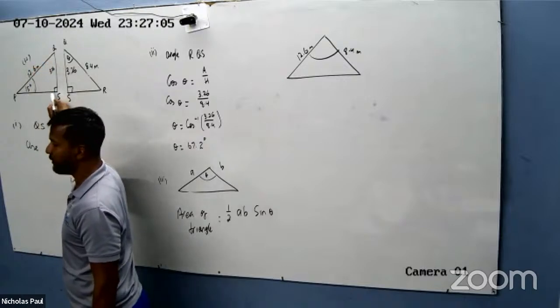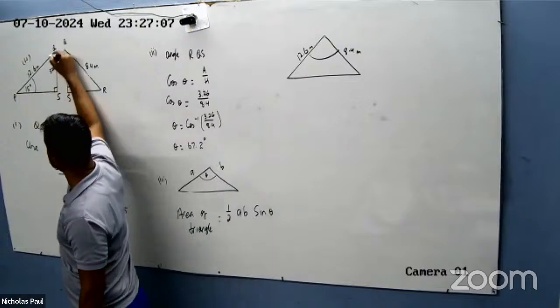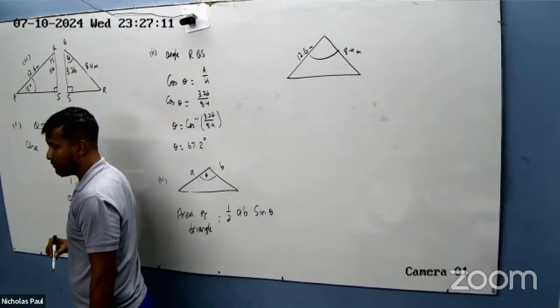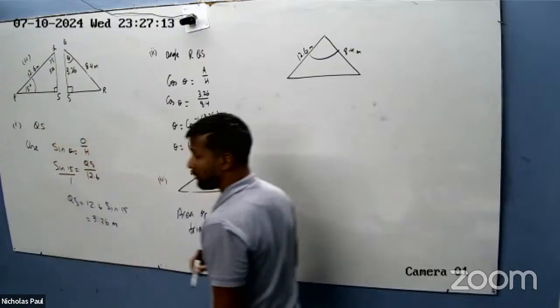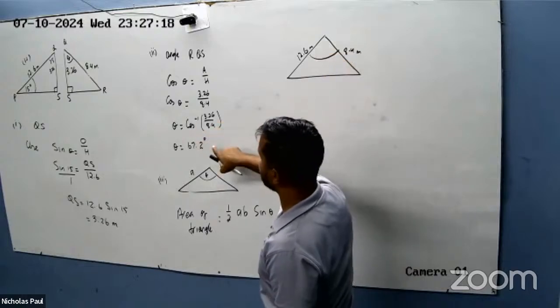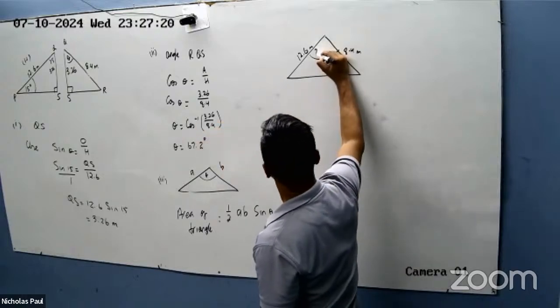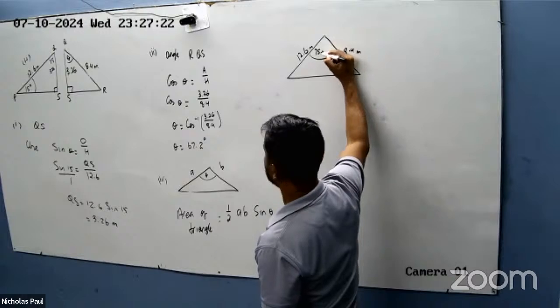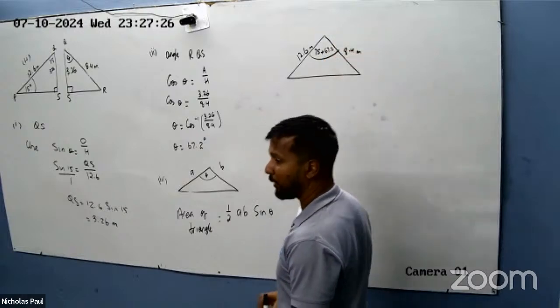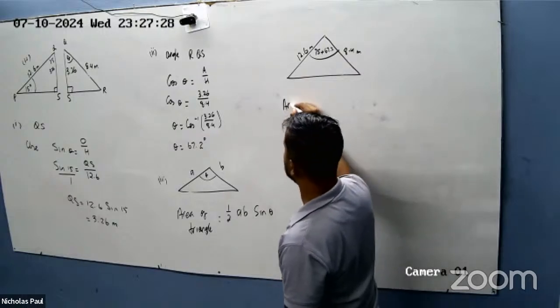Here's 90, here's 15, so here's 75. Okay with that? So this whole angle here is 75 plus 67.2. Then use the formula and work it out.